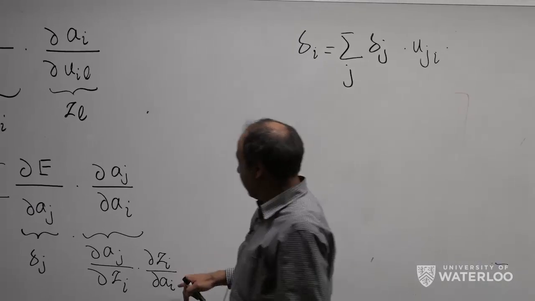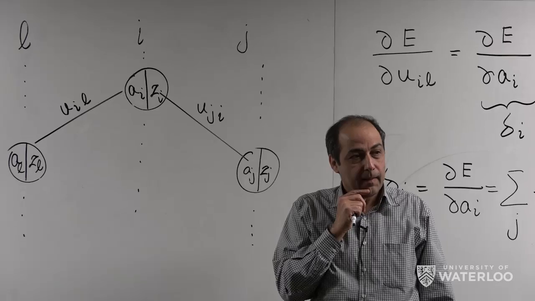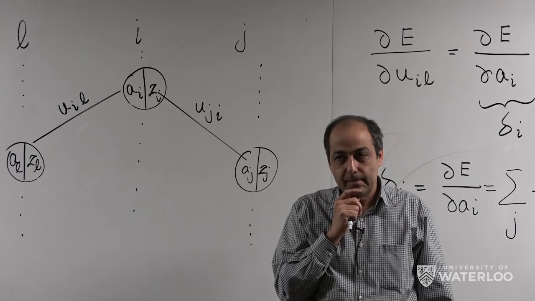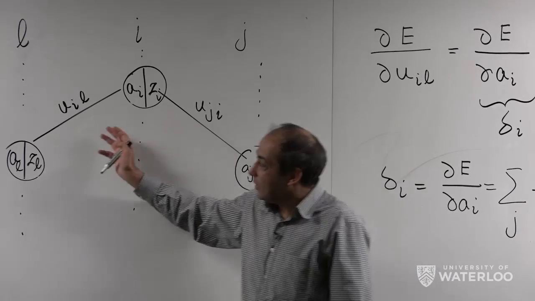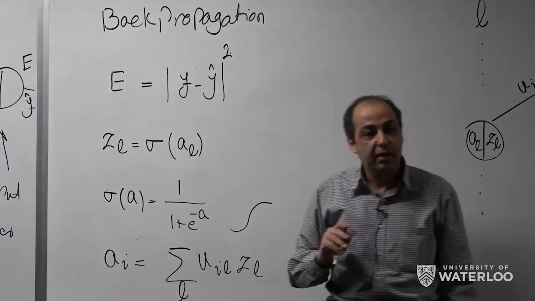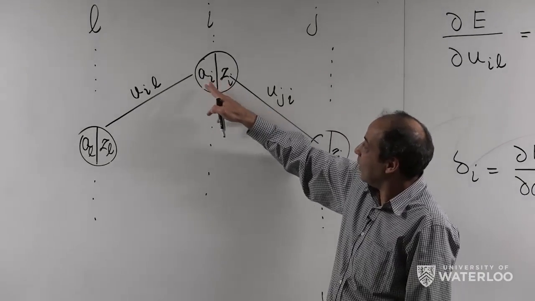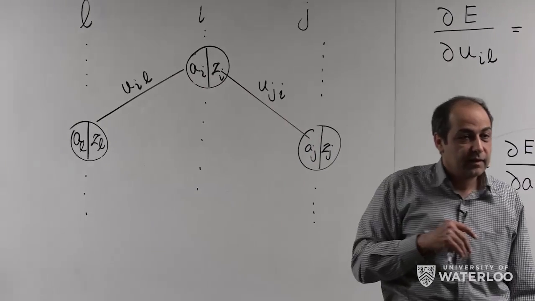So what's the derivative of ZI with respect to AI? What is Z? Z is a nonlinear function applied to A. So ZI is basically sigma AI.